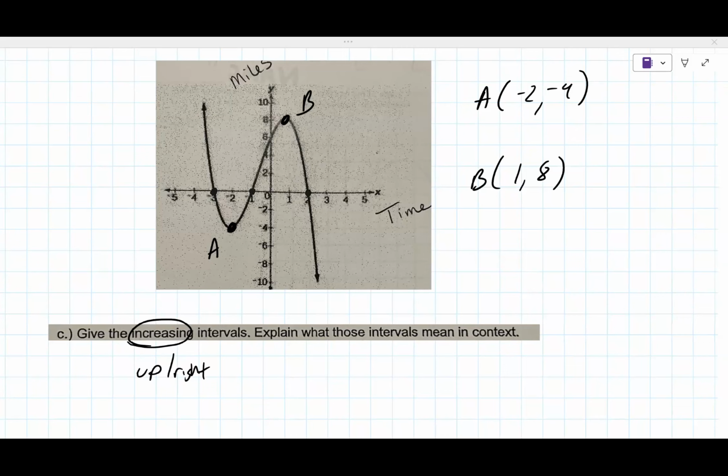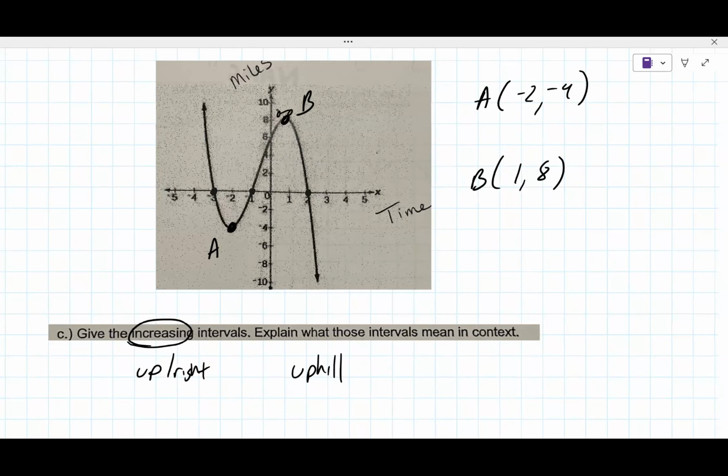Now you're driving. So let's try the driving example. Where is it uphill? Between what two values are you driving uphill? At 1/8, you're at the top.